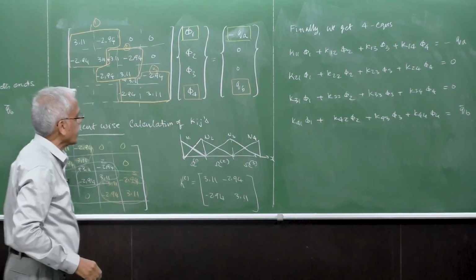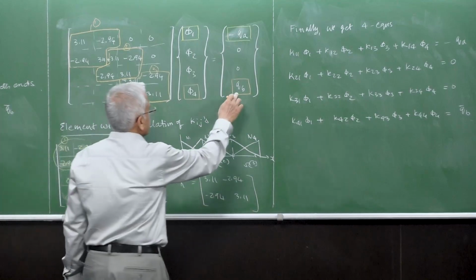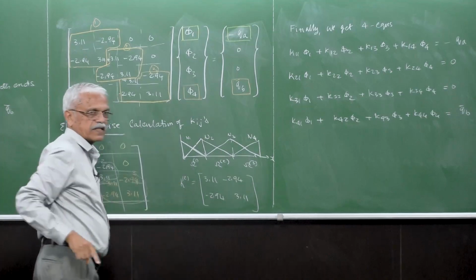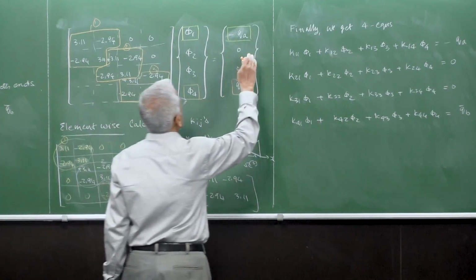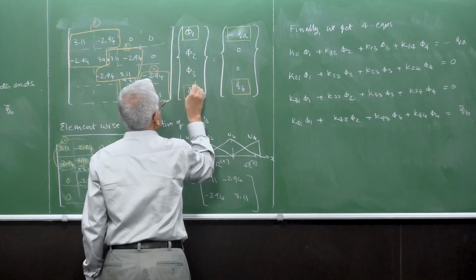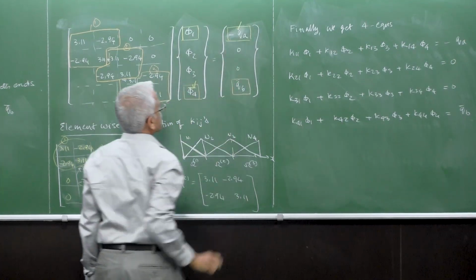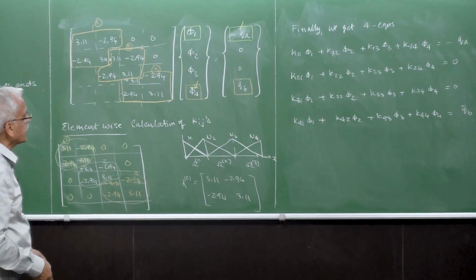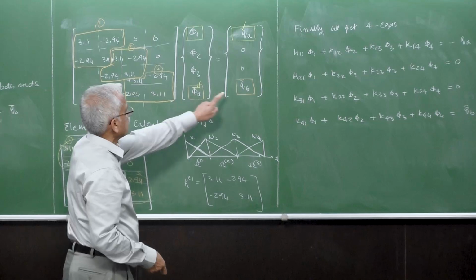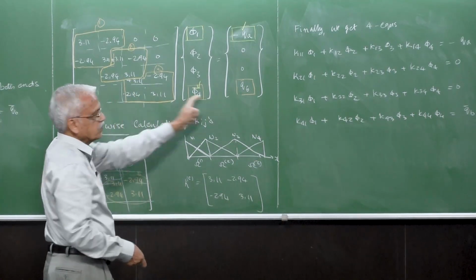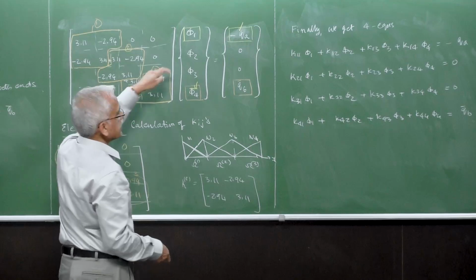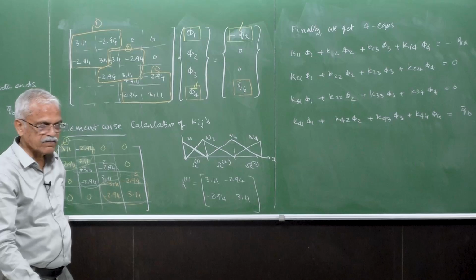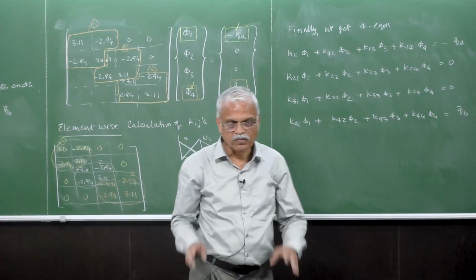Accordingly you choose: if this is prescribed, then this is not prescribed, so you can use that equation. Let's assume that this is prescribed, and this is prescribed here. Then which equations can you use? If this is prescribed, this is not prescribed, so you cannot use this equation. You can use the other 3 equations and manipulate them so that you can calculate phi 1, phi 2, phi 3. I hope this is clear.